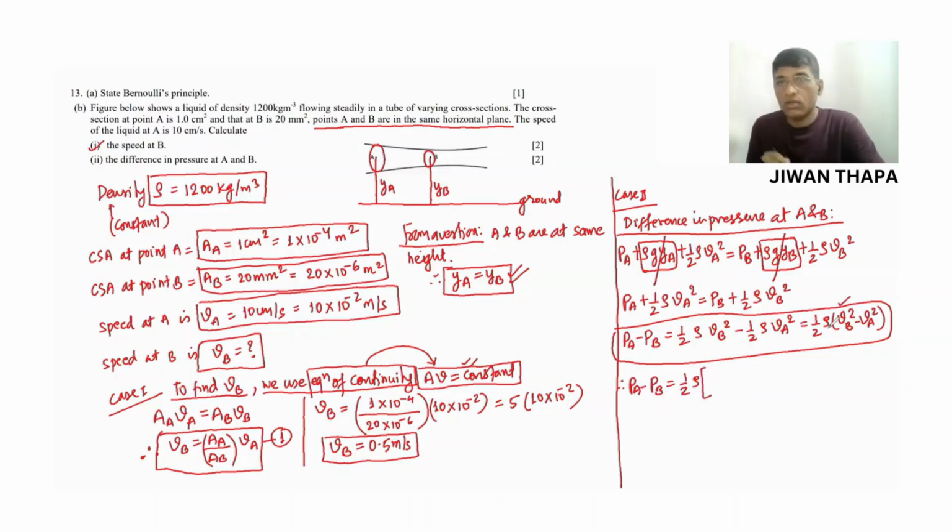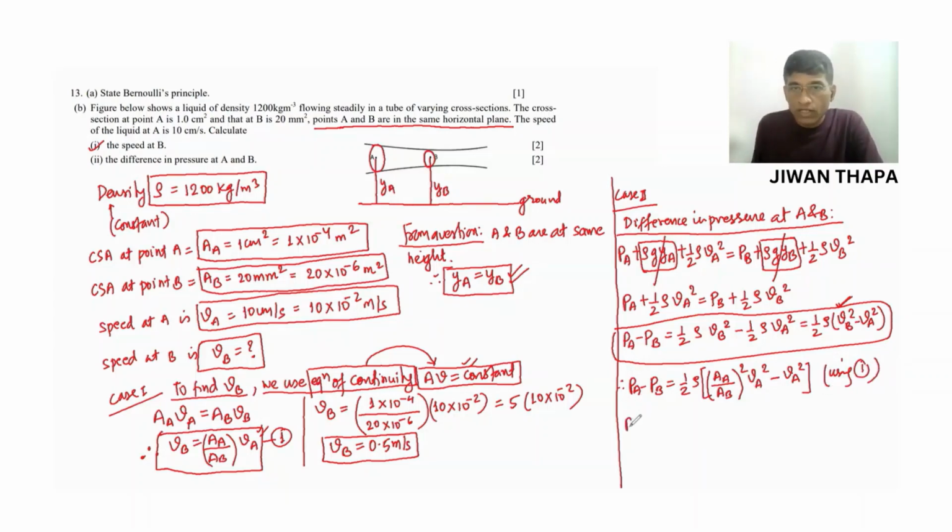Now we know VB square, from equation 1, we can write in this way: AA by AB whole power 2 and VA square minus VA square. So we find this by using 1.